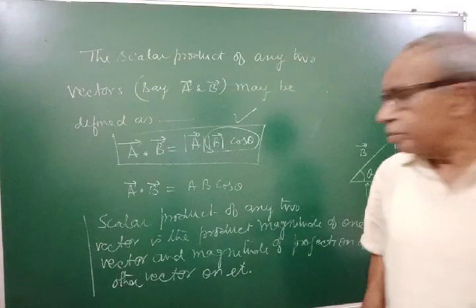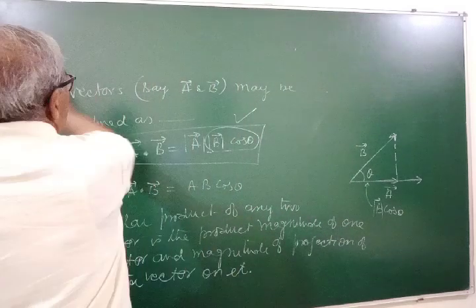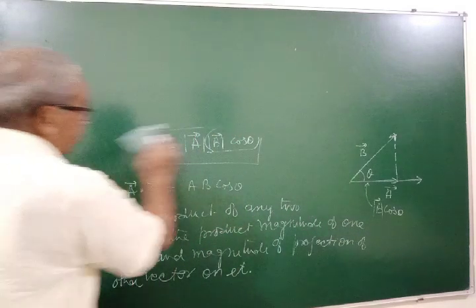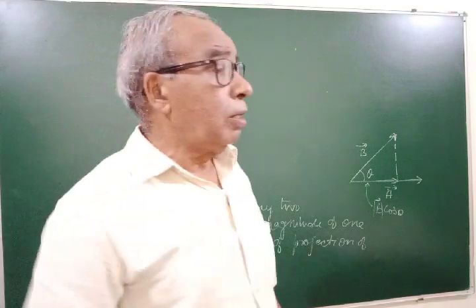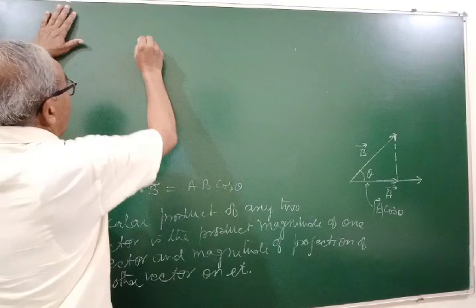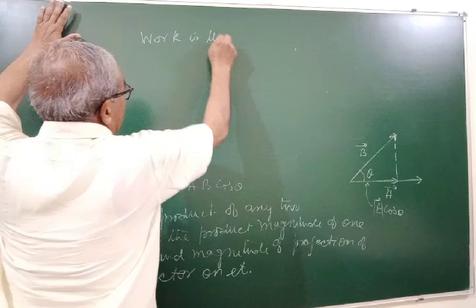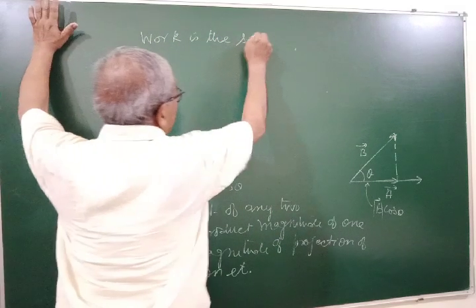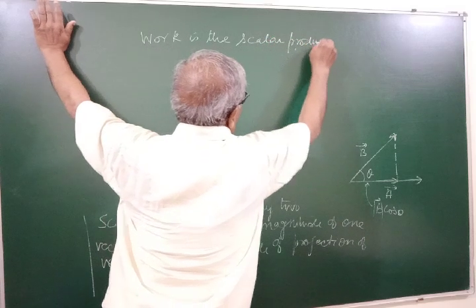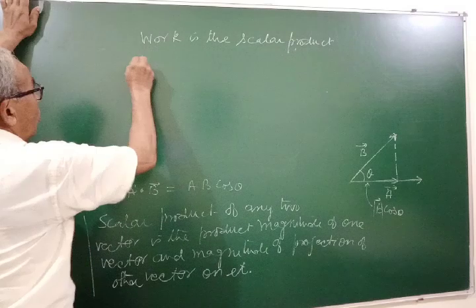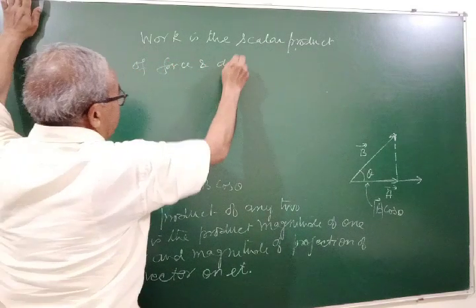Now, examples of scalar product. You might be anxious to know which quantities are the scalar product of two vectors. Work is the scalar product of force and displacement.